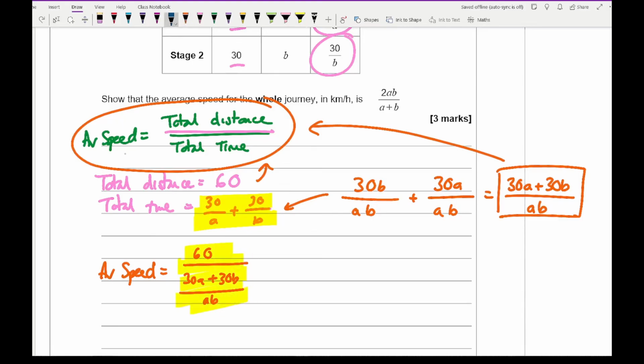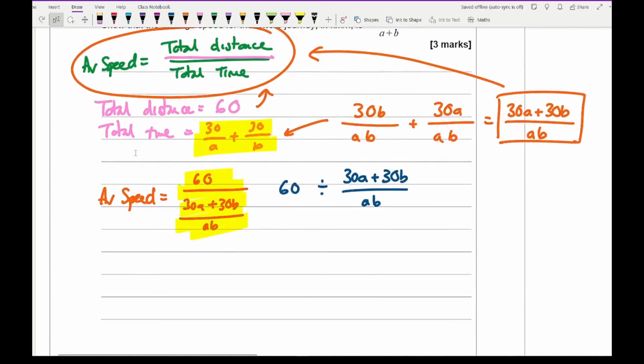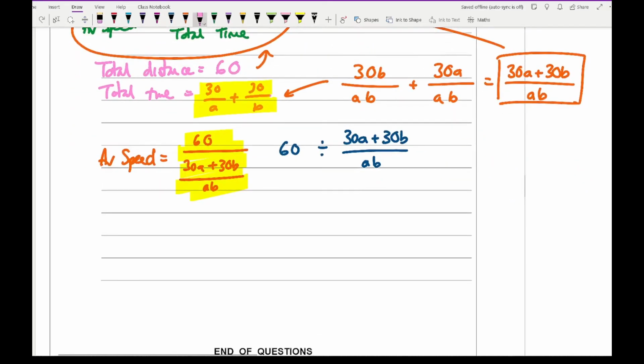Now when we've got fractions, what do we do when we're dividing? Well, we flip the second fraction and turn it into a multiply. So what this then becomes is 60 times ab over 30a plus 30b. And then combining those two, we get 60ab all over 30a plus 30b.